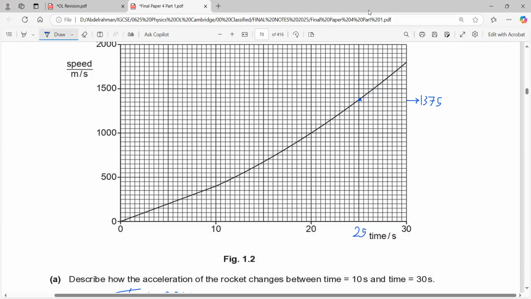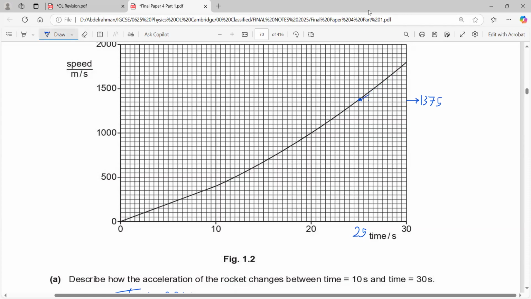Let me try to draw it better. I need a ruler. If you draw the line, it will go this way and almost reach the square below it, if you draw a very precise line.